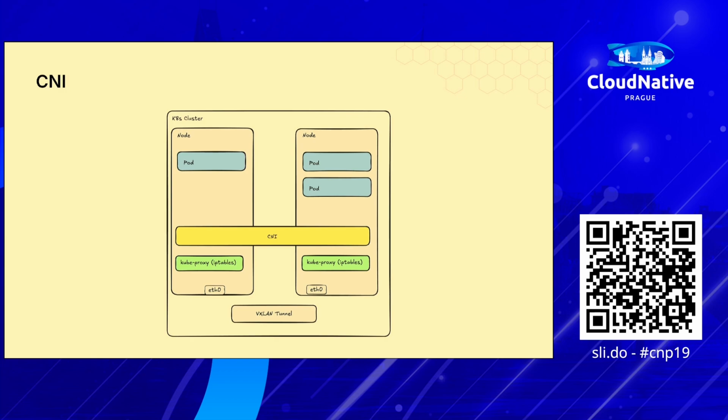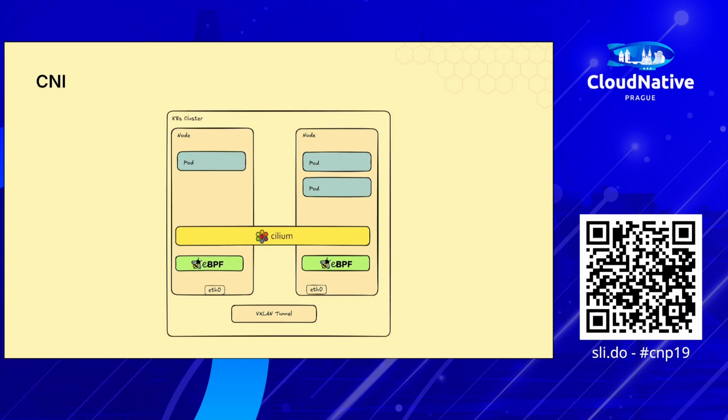The standard implementation is that kubeproxy uses IP tables to implement those services. And then you can see those nodes have their physical interfaces, Ethernet 0 here, but there is also the VXLAN tunnel configured in between the nodes so that those workloads can talk to each other.